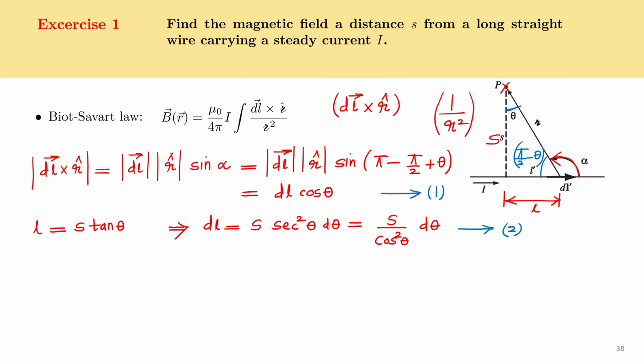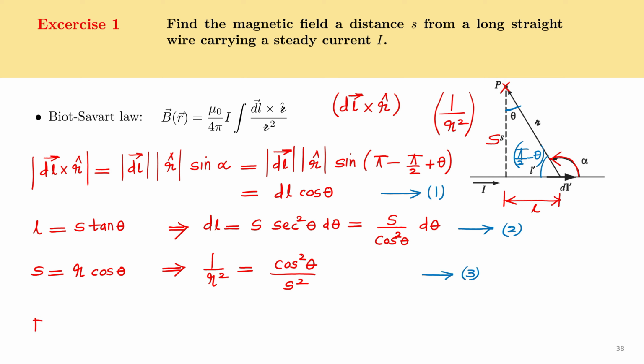Now we have to find 1 over script r square. For that, let us consider the same triangle and write s as equal to r cos theta, from where we can write 1 over script r square equal to cos square theta divided by s square. Equation number 3.